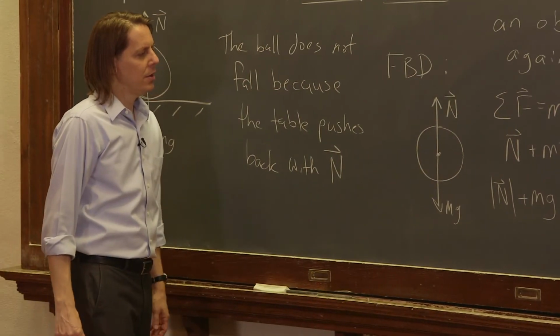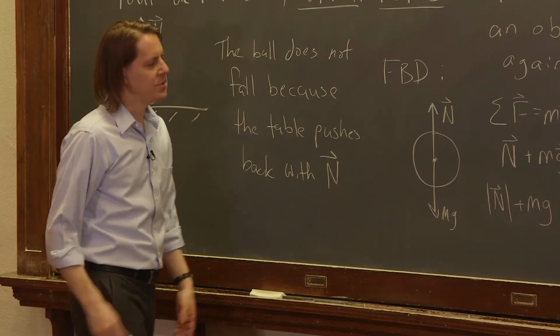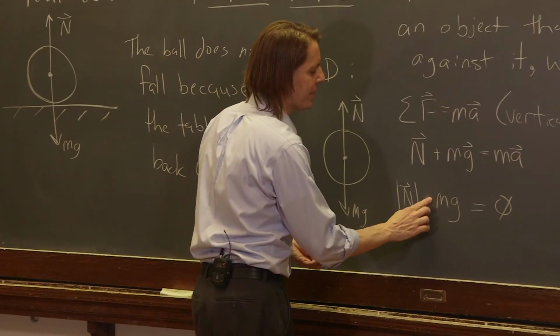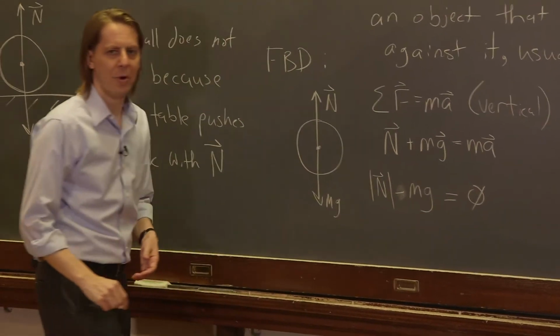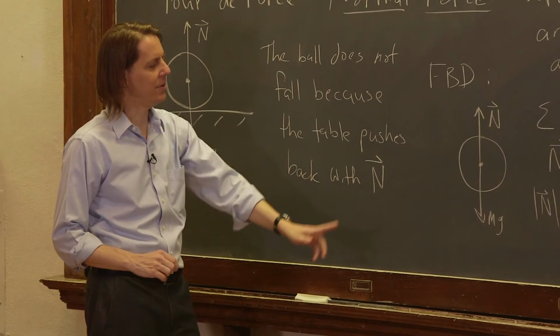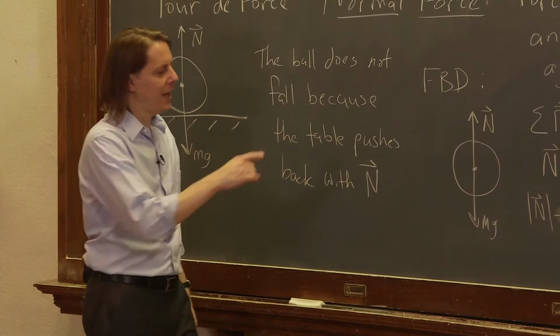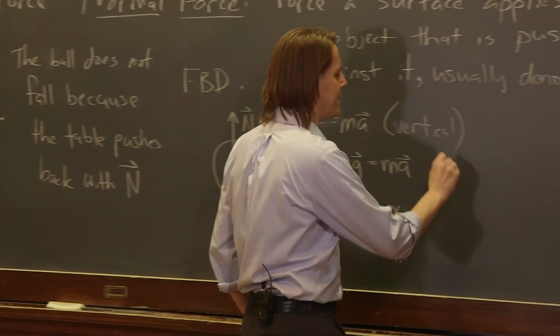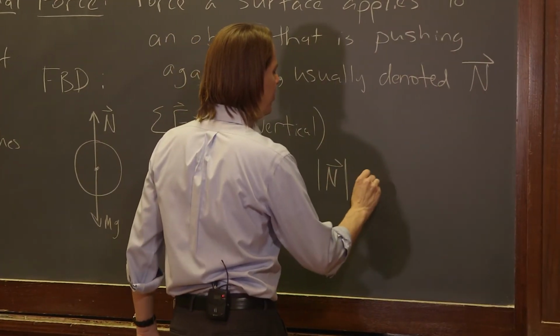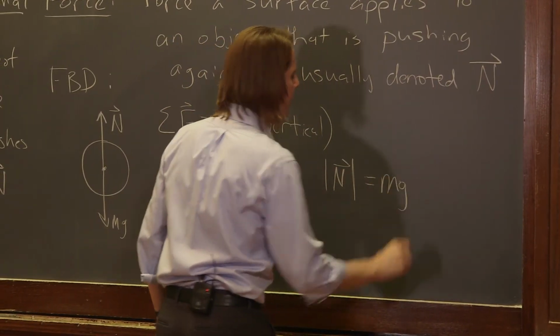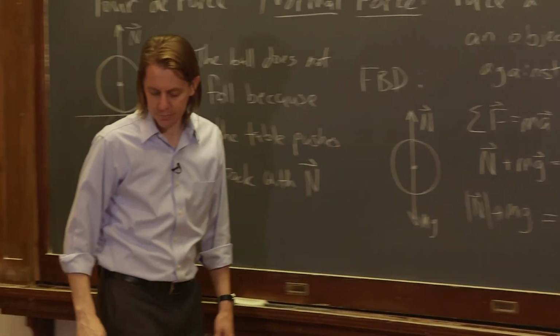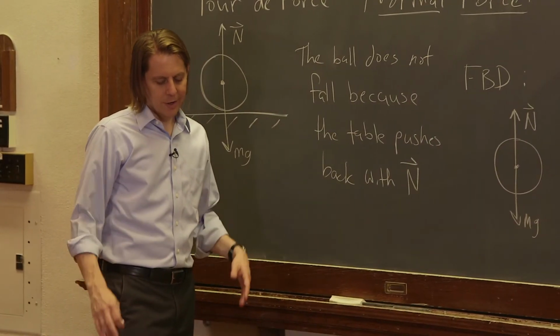So that works. And g is actually down. If we take away the vector, we have to acknowledge that it's in the downward direction. So now it's negative because it's down. The normal force direction is up. And we just solve for N. What you find in this case is that, sure enough, for it to not move, the normal force has to be equal to mg in its magnitude.